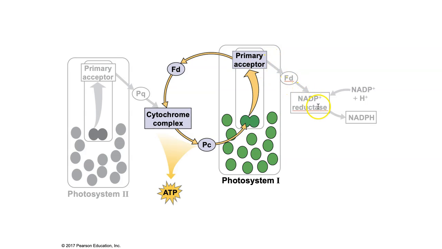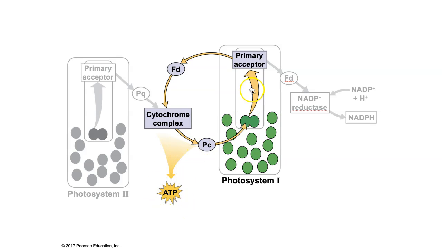and then NADP plus reductase, ferredoxin, once it grabs it, moves it back to the cytochrome complex and feeds it back into this electron transport chain. So this is a little closed cycle here. We can continue to do this, and in doing so, remember this is pumping protons into a space and creating a proton motive force, which then drives ATP synthesis via chemiosmosis.